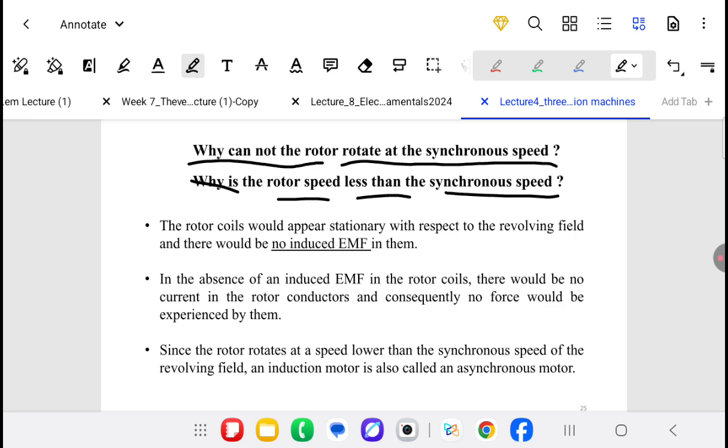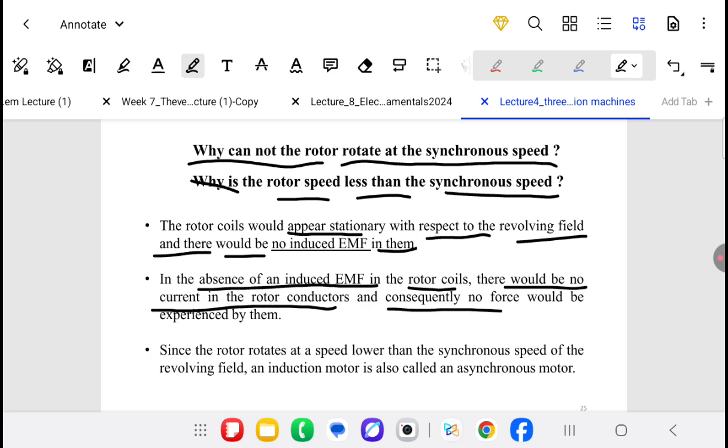In this case the rotor coils would appear stationary with respect to the revolving field, and there would be no induced EMF in them. With no induced EMF in the rotor coils, there would be no current in the rotor conductors, and consequently no force would be experienced by them. No force will be experienced on these conductors.